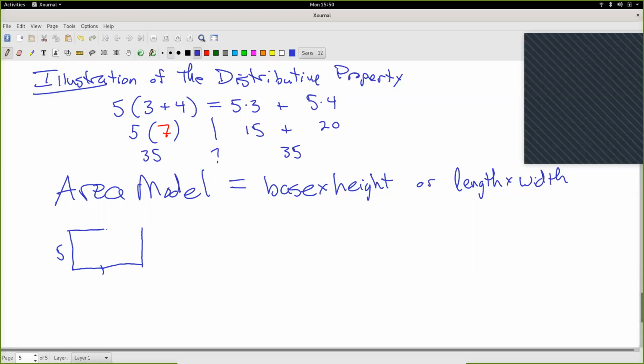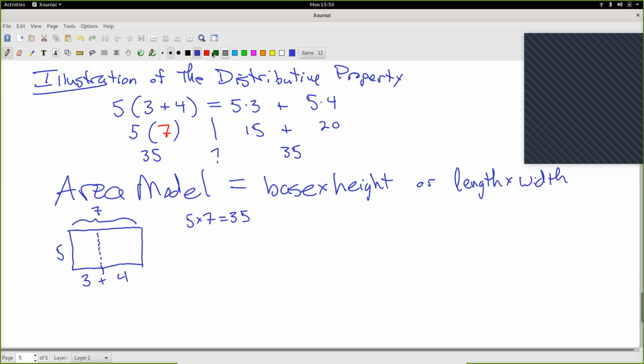And so this is my area here, and then I have this division in between for the 3 plus the 4. And the key about this is 3 plus 4 is 7, right? So I could say this whole top right here is 7 wide, and 5 times 7 is 35.